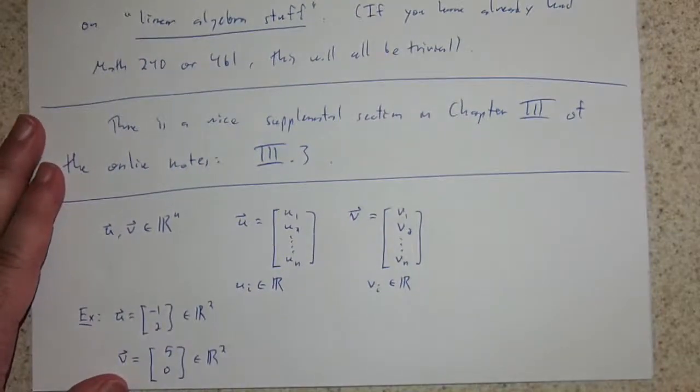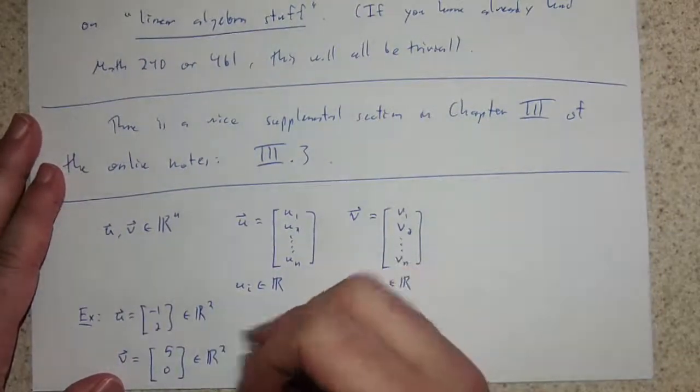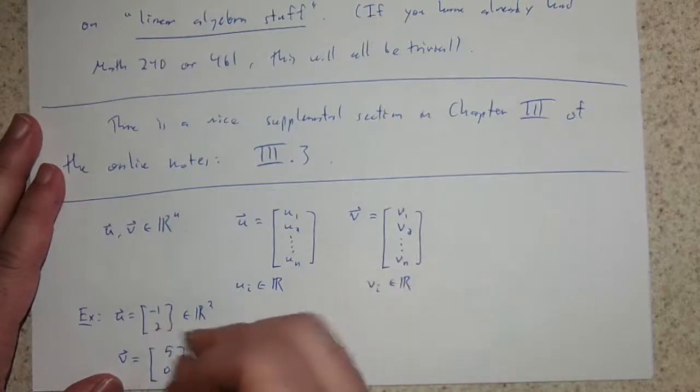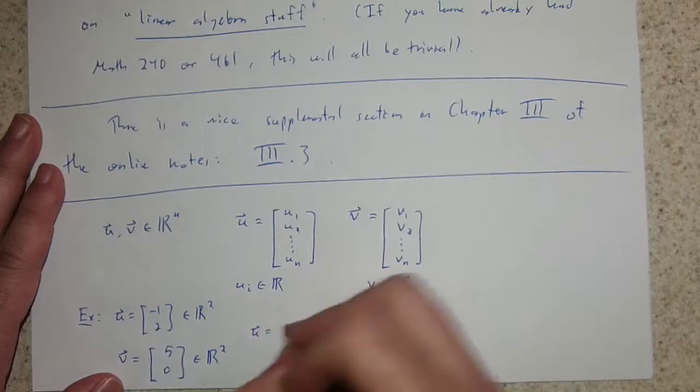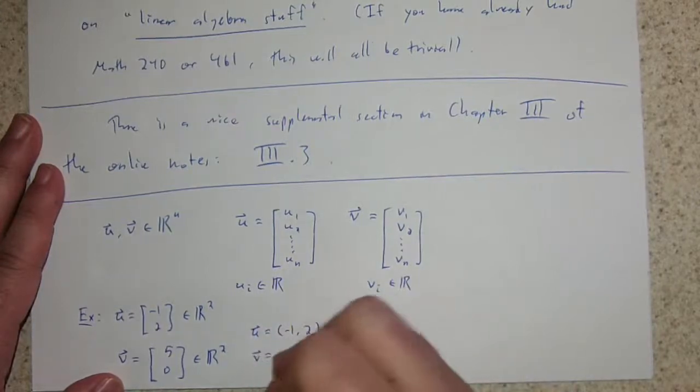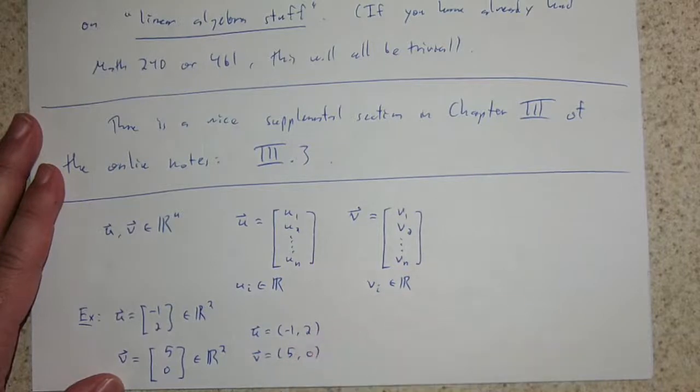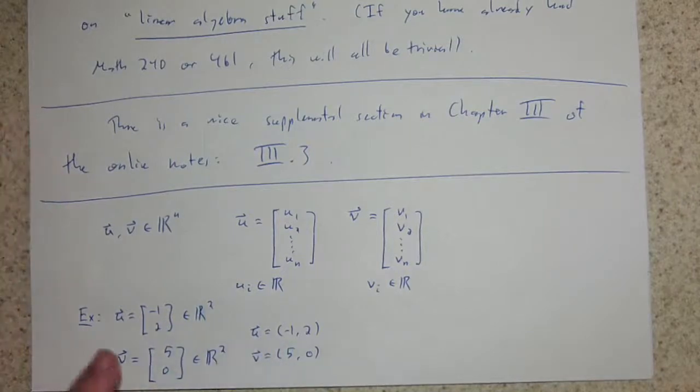So I can think about these as ordered pairs. Another way of thinking about this is u is the ordered pair -1, 2, and v is the ordered pair 5, 0. This is a more convenient and nicer way for thinking about it for a lot of reasons, but of course we can just think about these as ordered pairs.